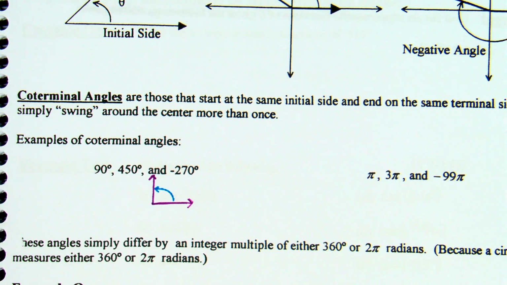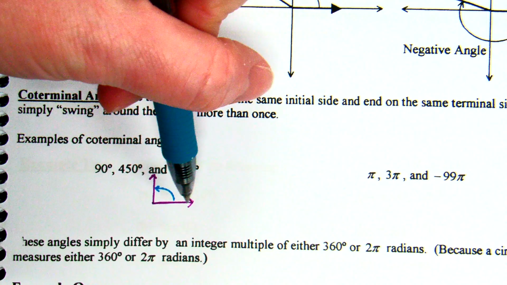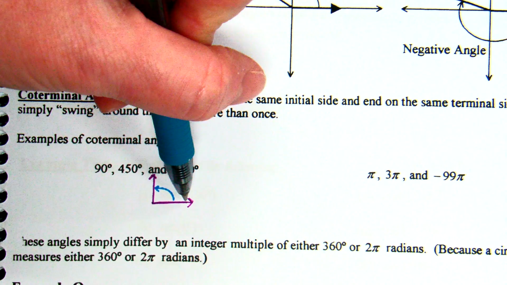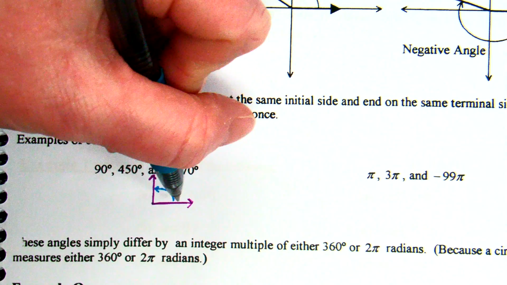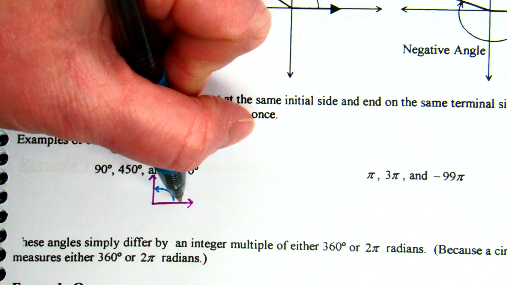Okay, let's figure out where 450 is. So we still start at 0, right? You start that same initial side. 450. What's 450 mean? Think about it. What's going around a full time? What is that? 360.